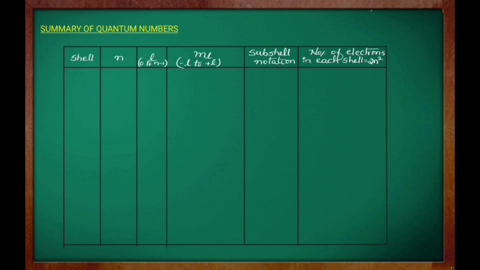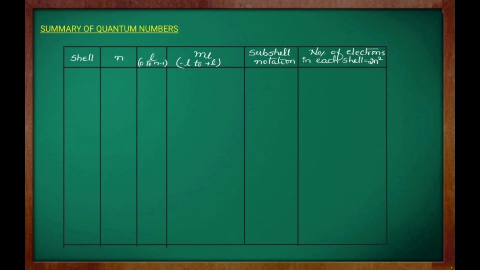Also we shall list magnetic quantum number which varies from minus L to plus L. We shall also write the subshell notation corresponding to the different quantum numbers. Also, we shall write the total number of electrons that's possible for each shell. So the total number of electrons is given by 2n square.